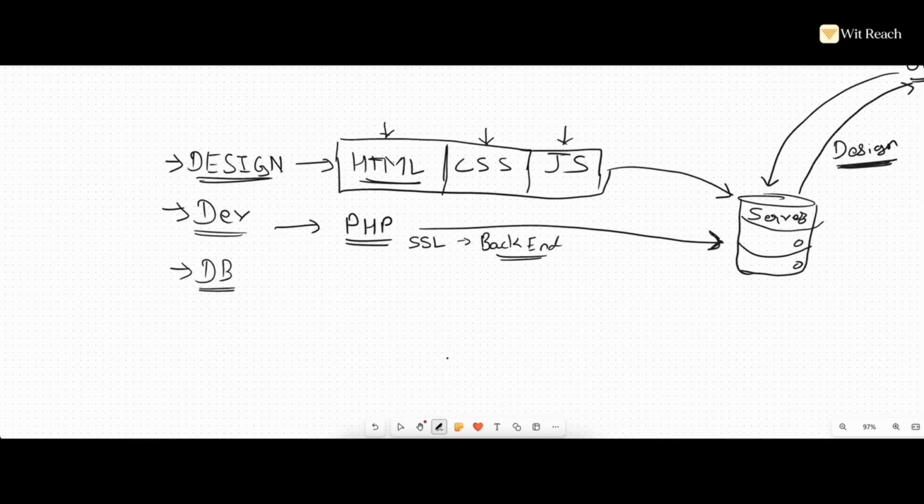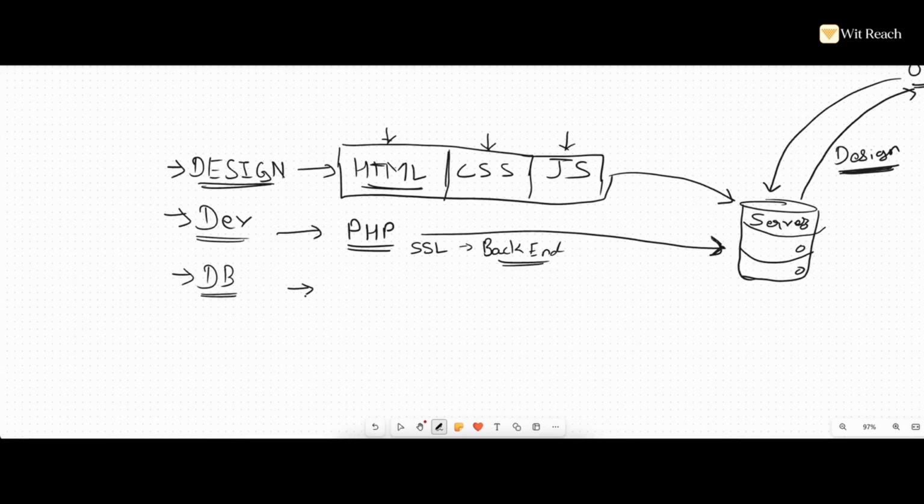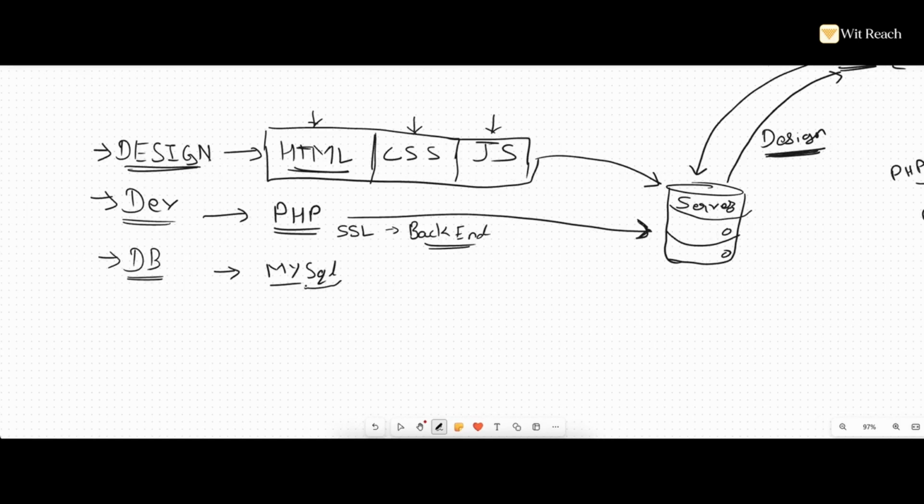So in that case, the database comes in. There are different types of database, MySQL, MariaDB, a lot of other databases are there. But in our example, we will primarily focus on MySQL. MySQL is a very organized form of storing the database.